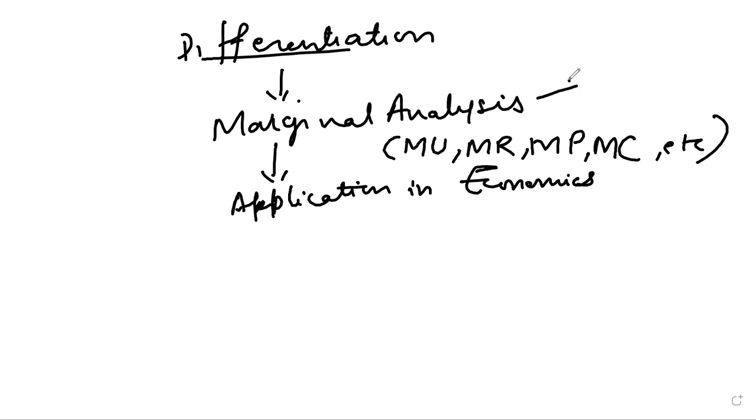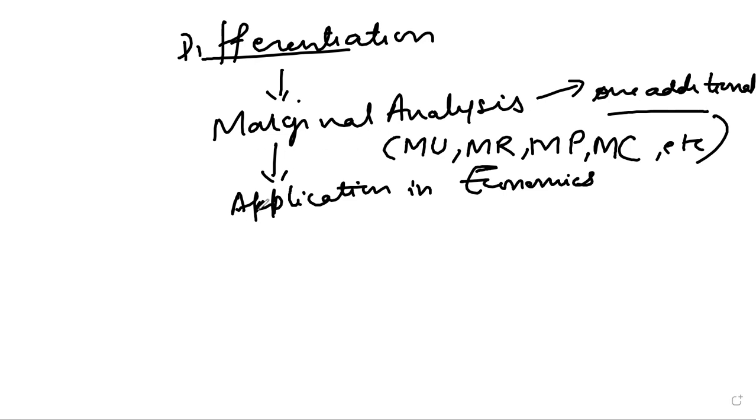When we say marginal, what do we mean? We mean one additional change in the value of one unit when the other unit or other variable changes by 1 unit.